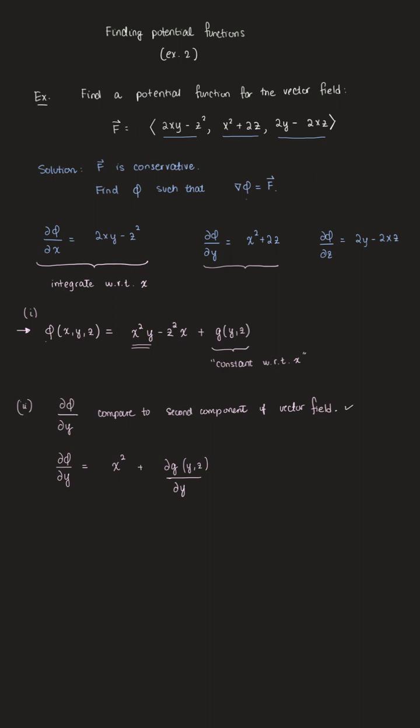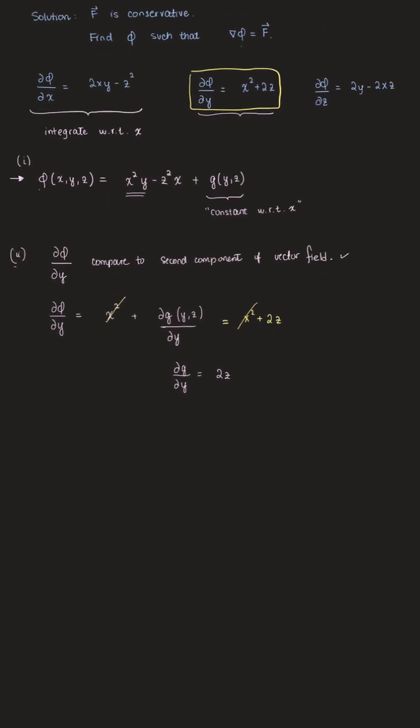The third thing I need to do is compare it to what I had before. So what we had from our second component in the vector field is that the partial of phi with respect to y is x squared plus 2z. So I'm going to set this equal to x squared plus 2z because I know that's what it should be. And my x squares will cancel, and this tells me that the partial of this function g with respect to y is 2z.